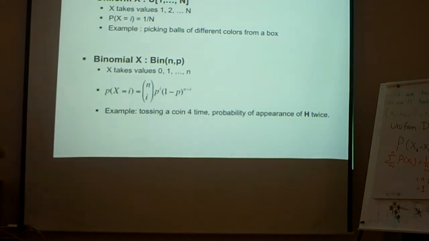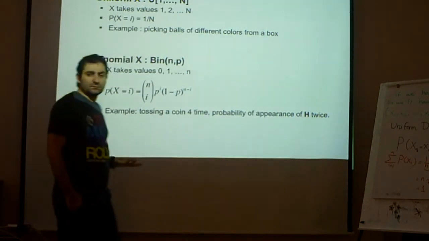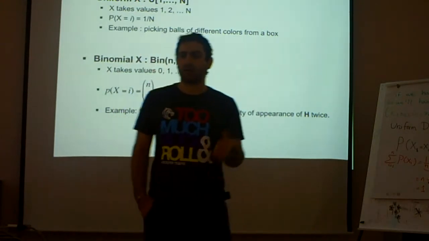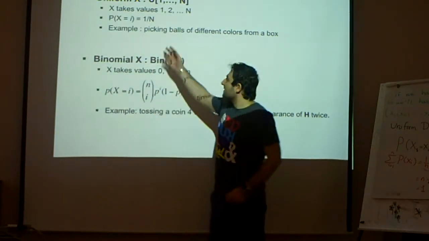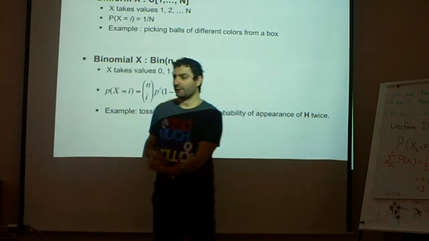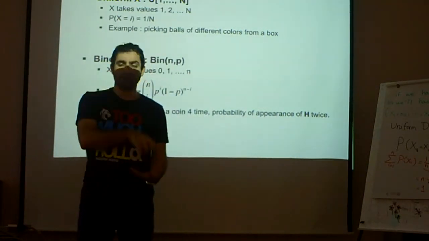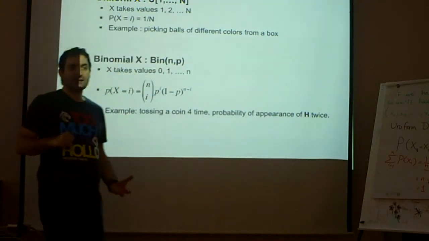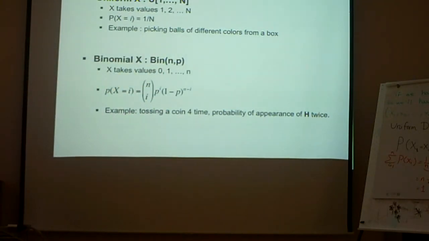In the uniform distribution, we have seen that the summation of the probabilities is 1. As an example, as I said, the die, the coin. Or here we have an example where we have a box with lots of colorful balls. Probability of picking any of these balls is equal to each other.